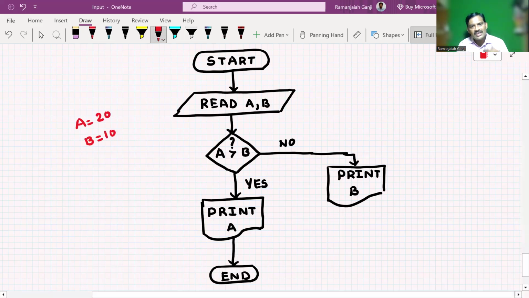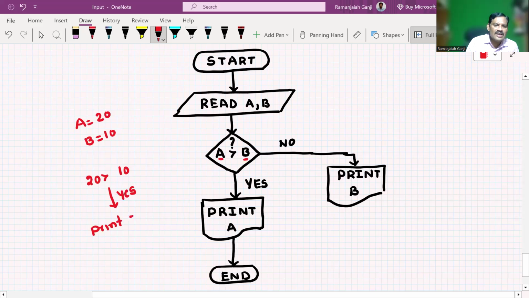This approach is called tracing. What is the next statement here? Is 20 greater than 10? Yes. It prints the value of A. What is the value of A? 20. Finally, end. Very good.